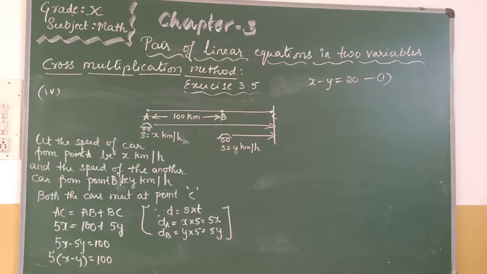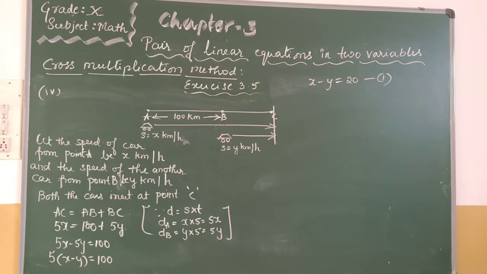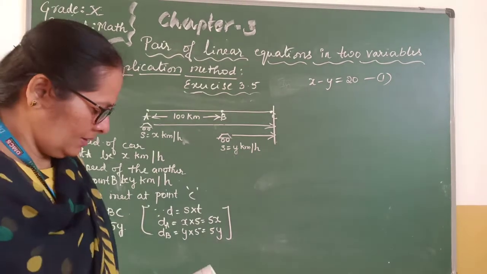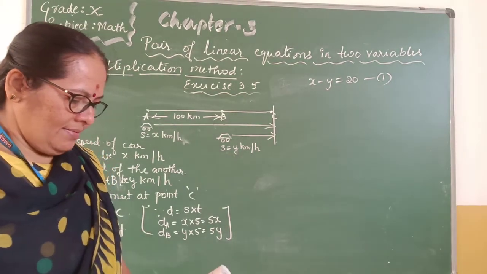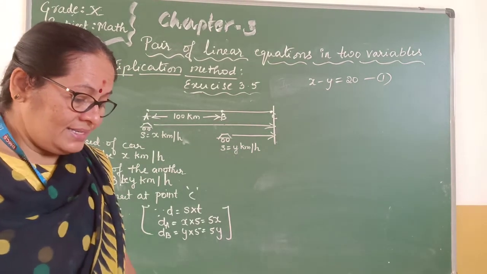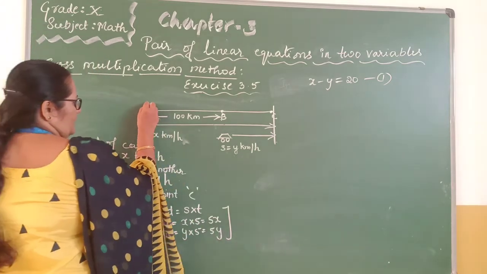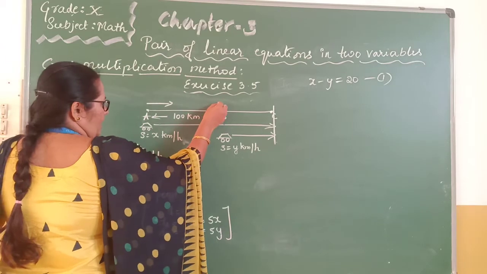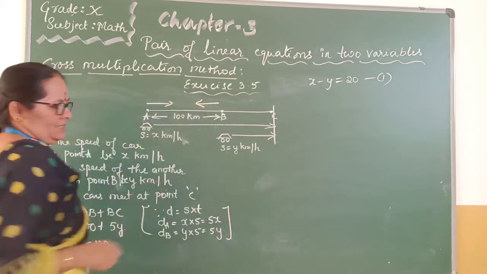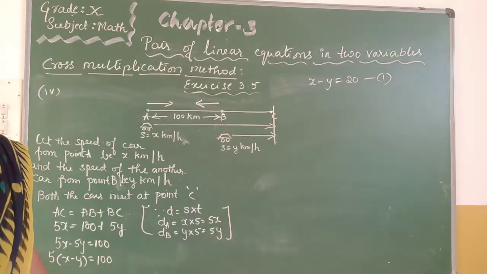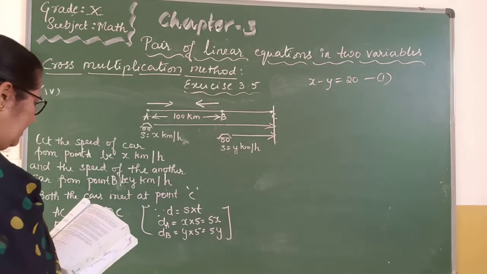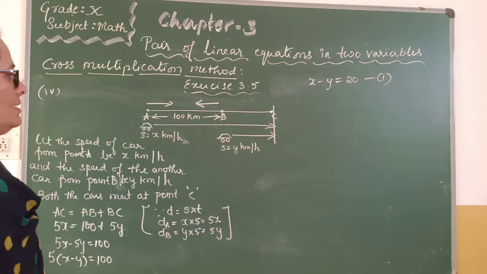Now the second condition is, when both travel towards each other, this car is moving like this and this car is moving like this, towards each other, then they will meet in 1 hour.